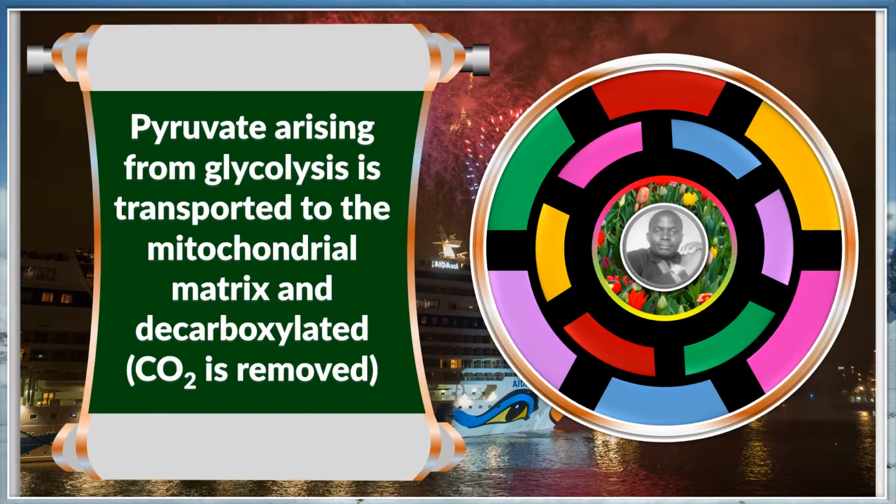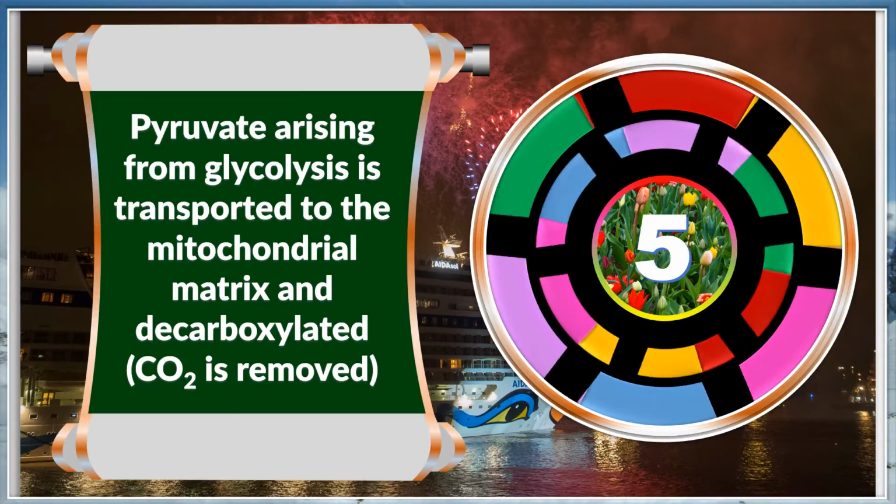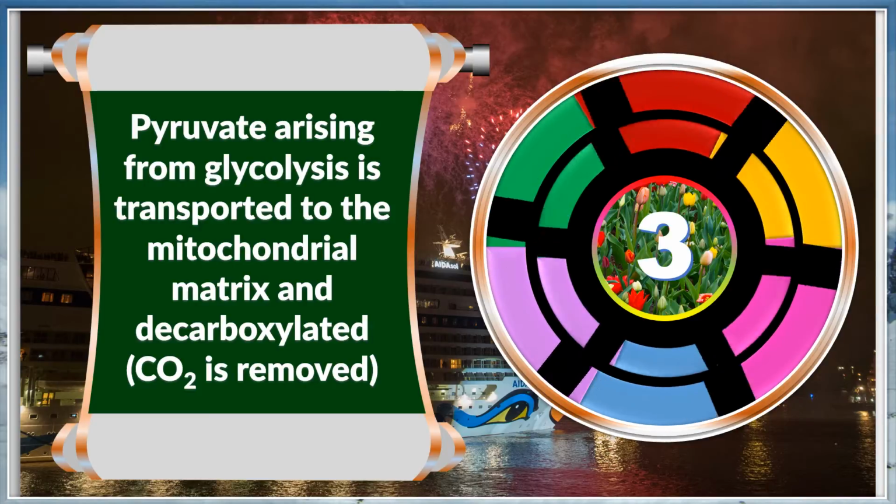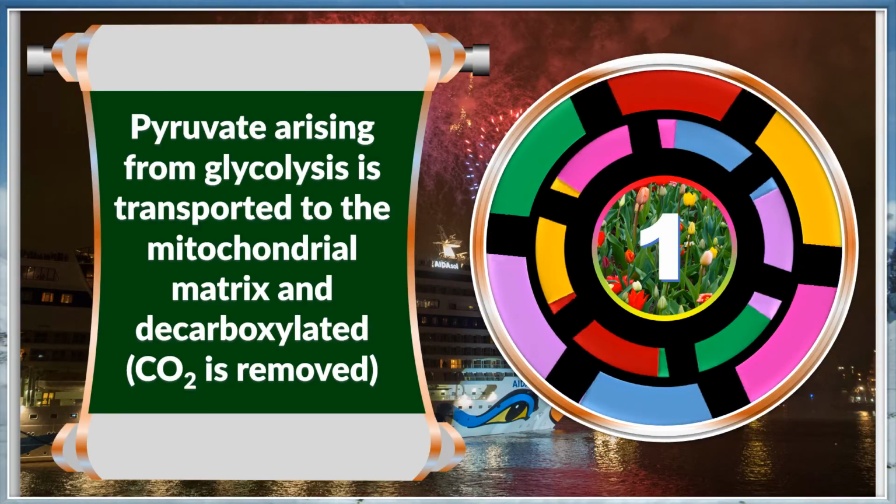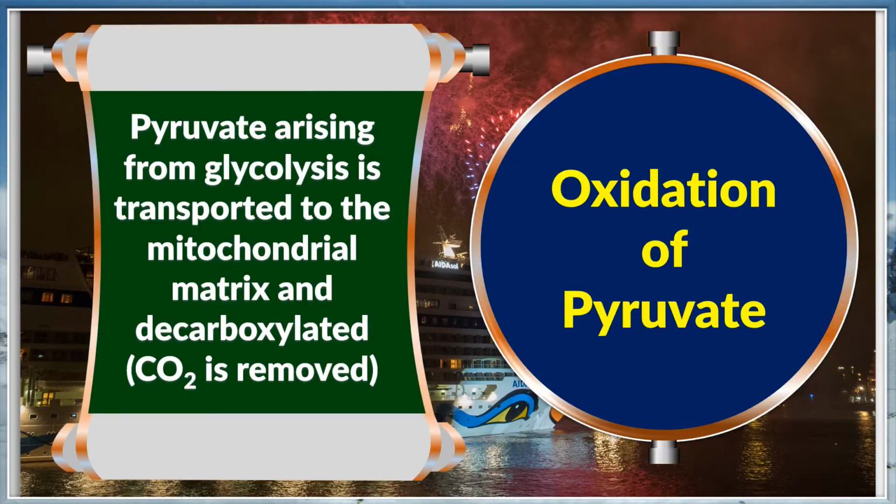Pyruvate arising from glycolysis is transported to the mitochondrial matrix and decarboxylated. That is, carbon dioxide is removed. Oxidation of pyruvate.